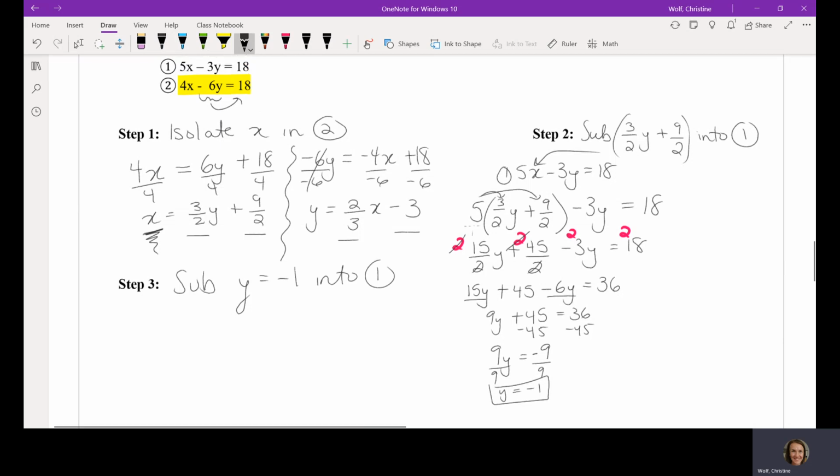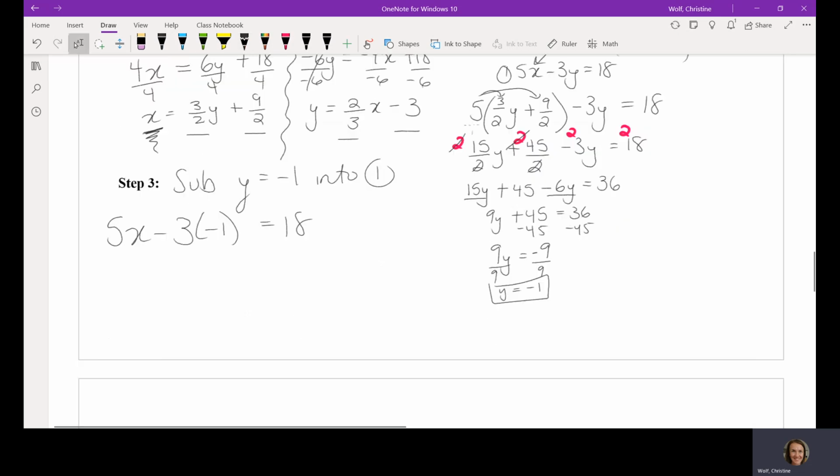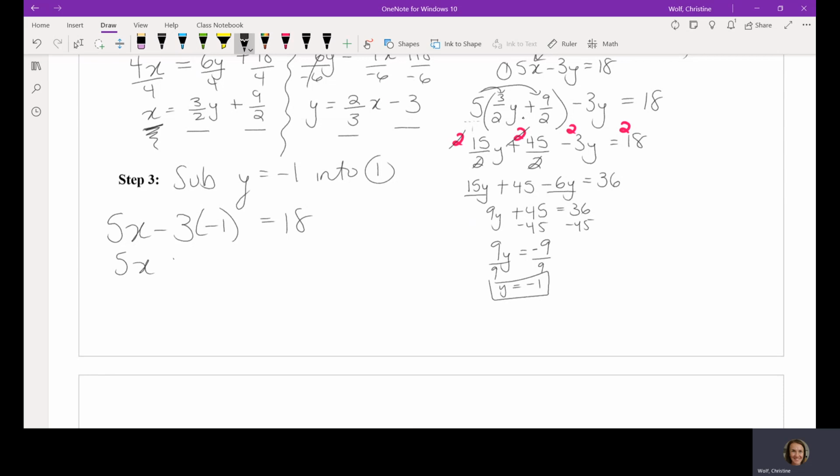So 5x minus 3y, but y is negative 1, equals 18. So I have 5x plus 3 equals 18. Let's take away that 3. I have 5x equaling 15. So I divide off by 5, and I get that x equals 3.